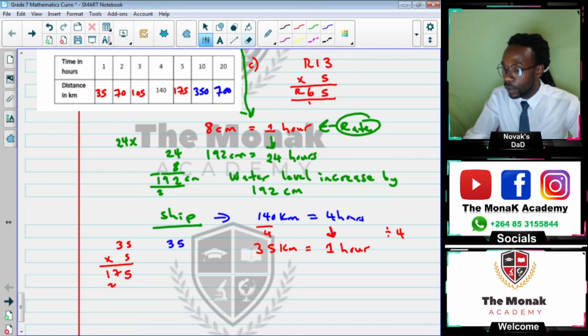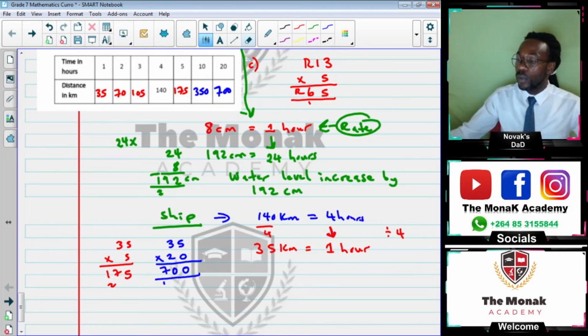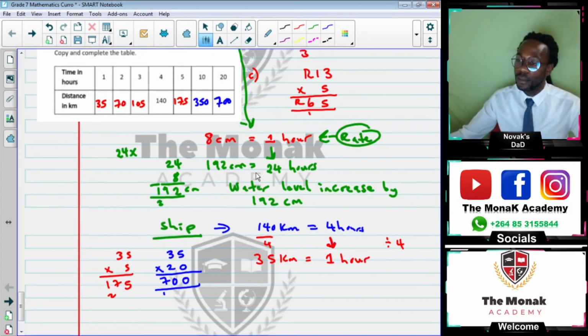Remember 20 is 2, so we first put a 0. 2 times 5, 10. 0, bring 1. 2 times 3 is 6 plus 1 is 7. So that's how we complete using a rate.